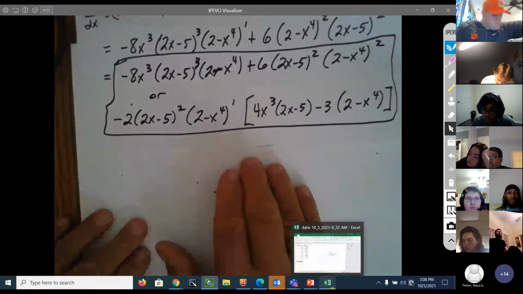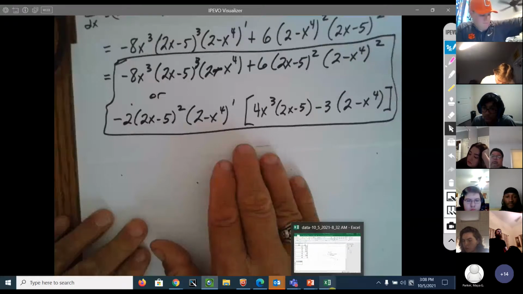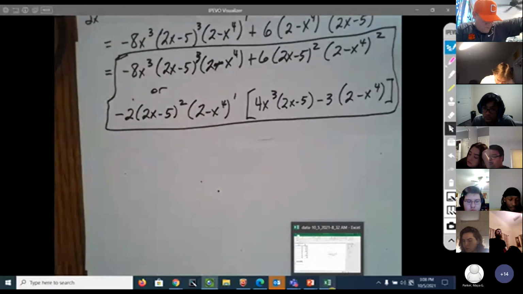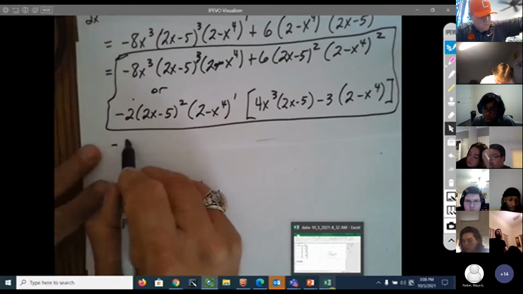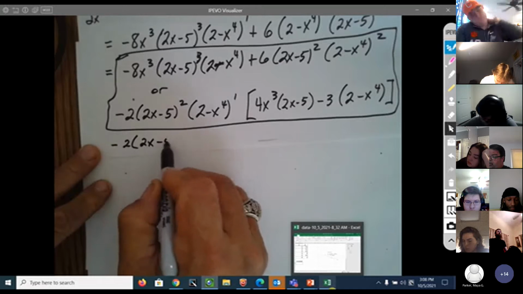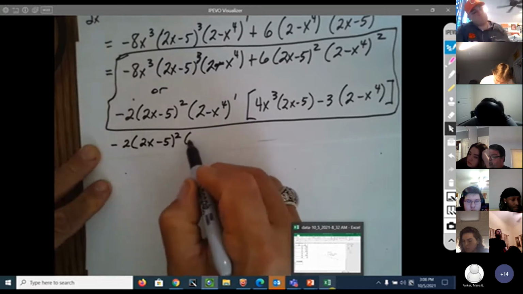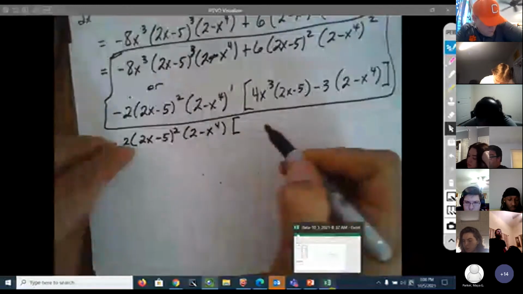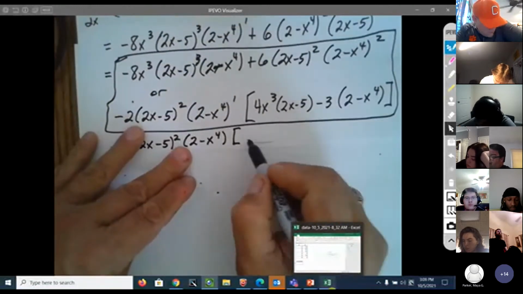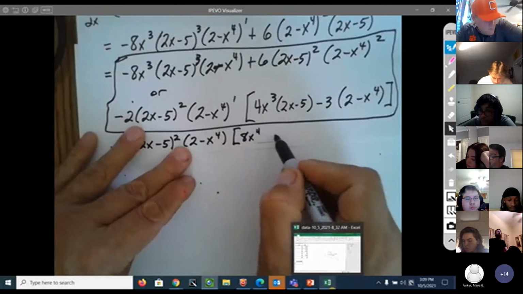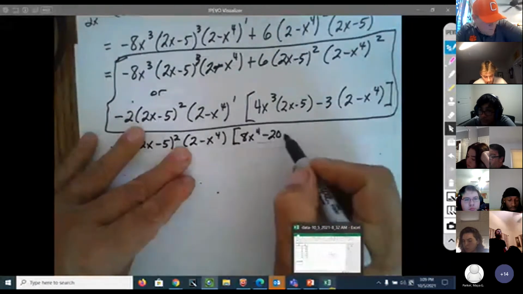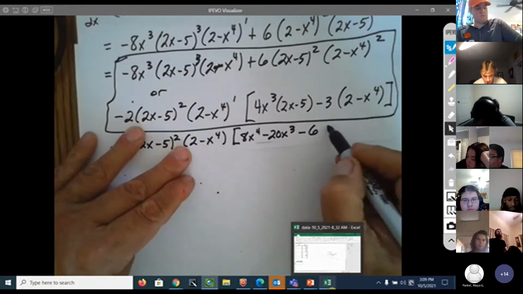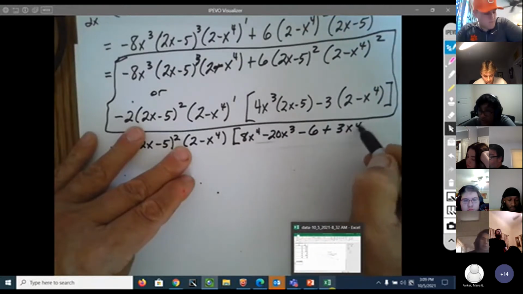So we're going to bring this down. That's going to be negative 2 times 2x minus 5 squared, 2 minus x to the 4th. And then this is going to be 8x to the 4th minus 20x to the 3rd minus 6 plus 3x to the 4th.